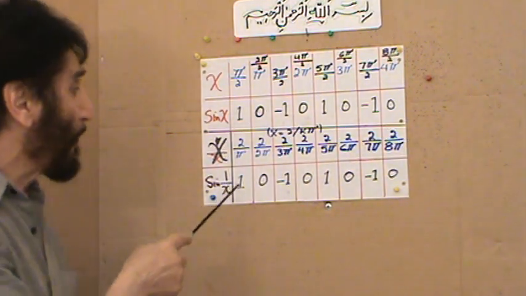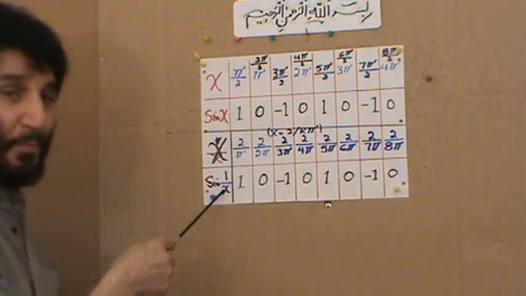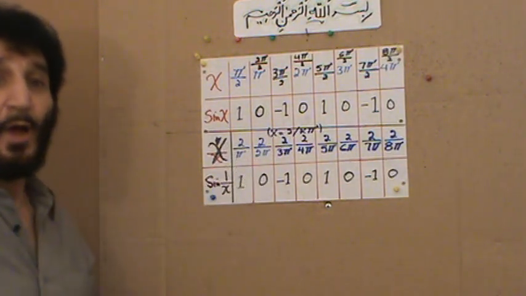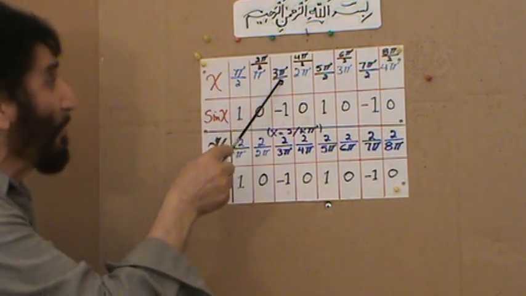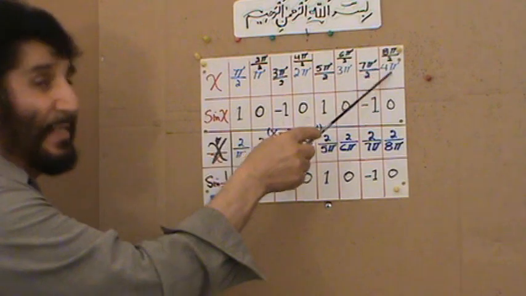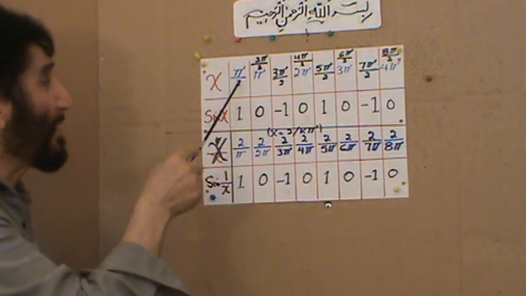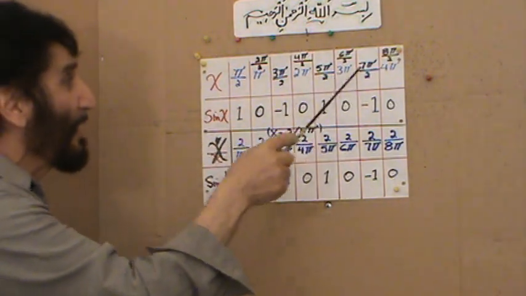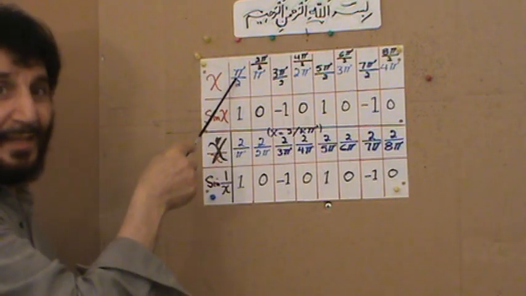Do you follow me? So when I select this one, look at this one. The x is approaching 0, because I'm selecting these values for x, but 1 over x will give me this kind of number. And sine of 1 over x means I'm selecting sine of these values, because 1 over this is this. Do you follow me?